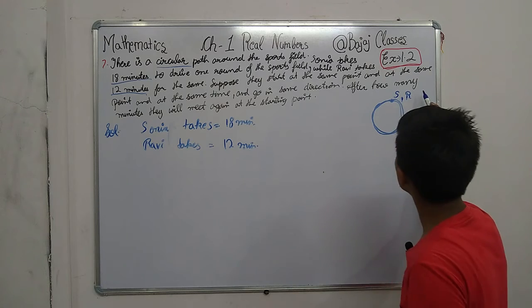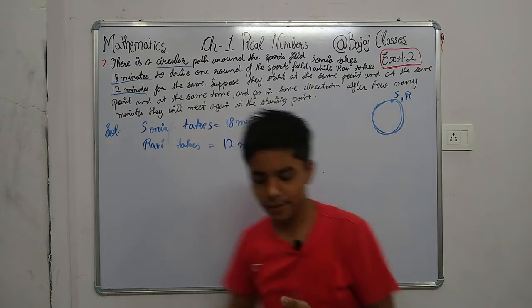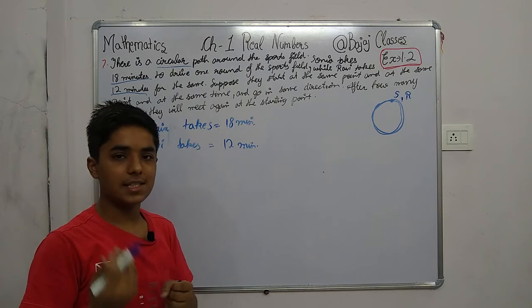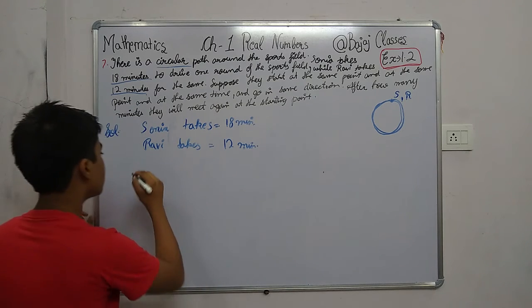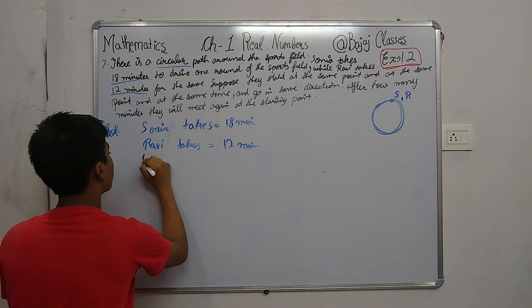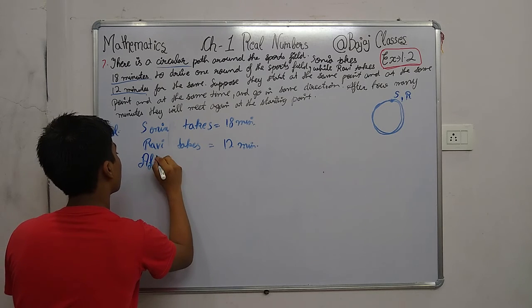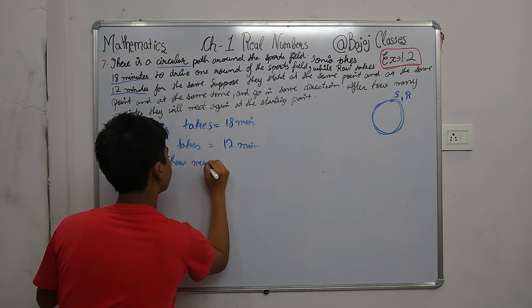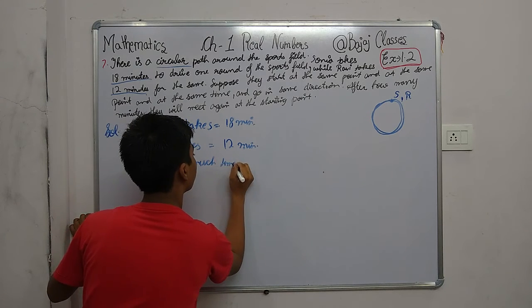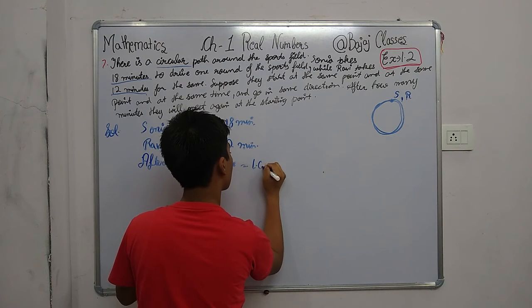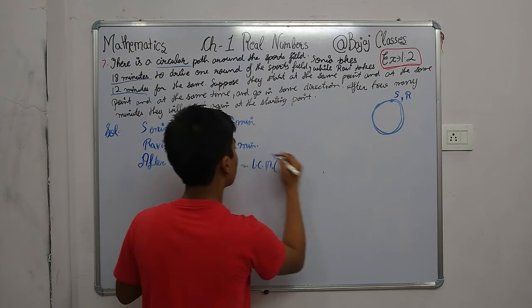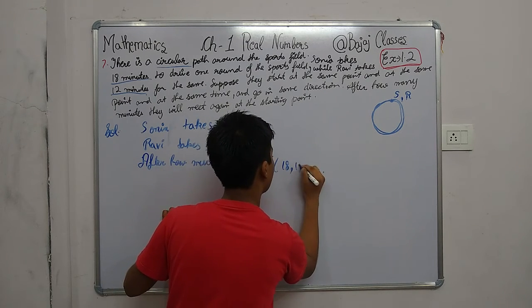Sonia and Ravi. For finding this, we first have to find the LCM of both these numbers. The LCM will be the answer. So the time will be equal to the LCM of 18 and 12.